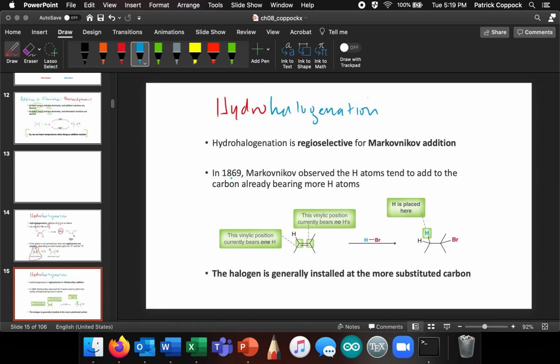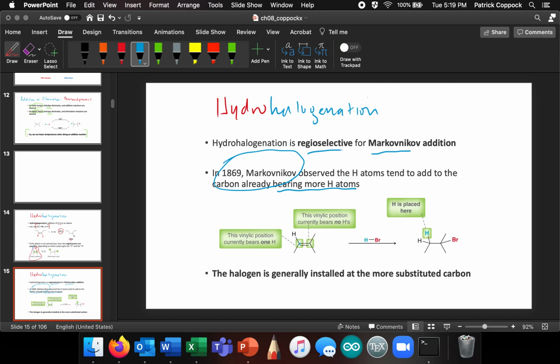It turns out that hydrohalogenation is regioselective for the Markovnikov addition. In 1869, hard to imagine how they had the technology to appreciate this then, Markovnikov observed that the hydrogen atoms tend to add to the carbon that already has more hydrogen atoms on it.